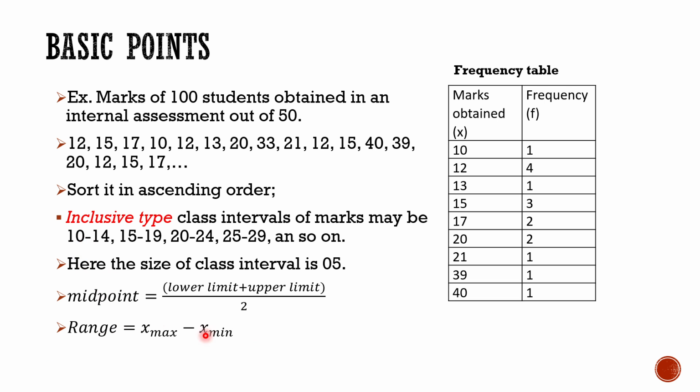Now what about range? Range is the difference between the maximum value and the minimum value in a sample. As far as this data is concerned, the maximum is 40 and the minimum is 30, oh sorry, 10. So the range would be 40 minus 10, that is 30.